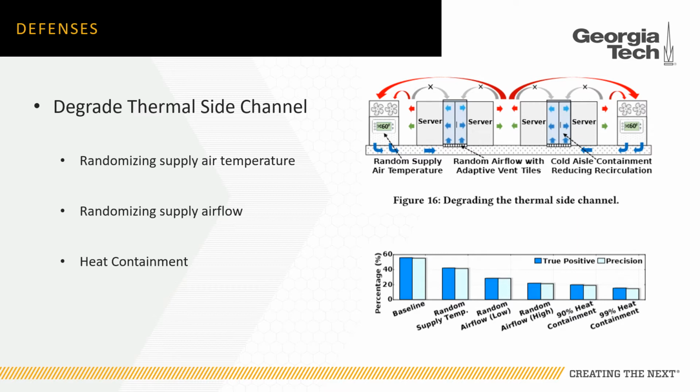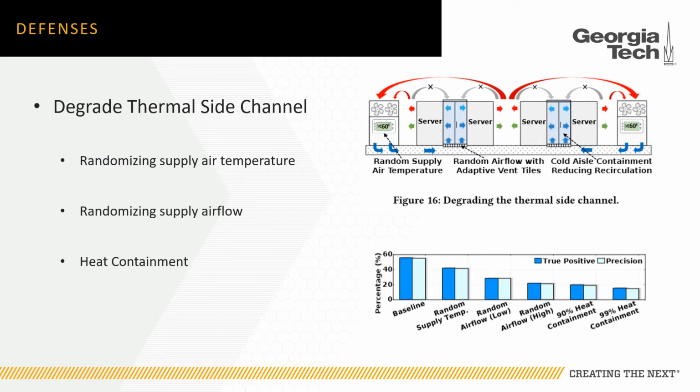Now, the most effective way to degrade the thermal side channel will be to implement heat containment by isolating the cold air aisle and eliminating or reducing significantly the hot air recirculation.